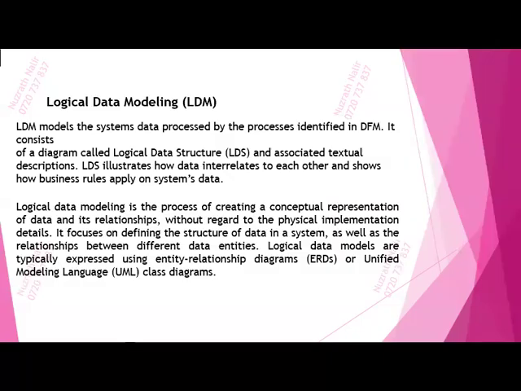It consists of a diagram called logical data structure and an associated textual description. Logical data structure we call a data flow diagram. Is it clear? So textual data description means, what do you call that? Elementary process description. Please remember this word, because you are familiar with the term data flow diagram.